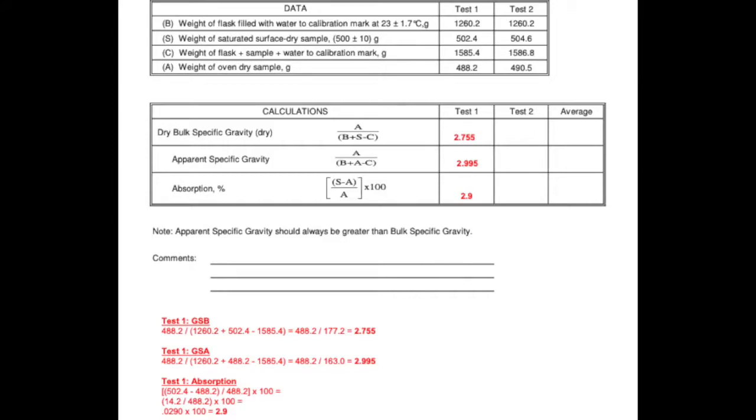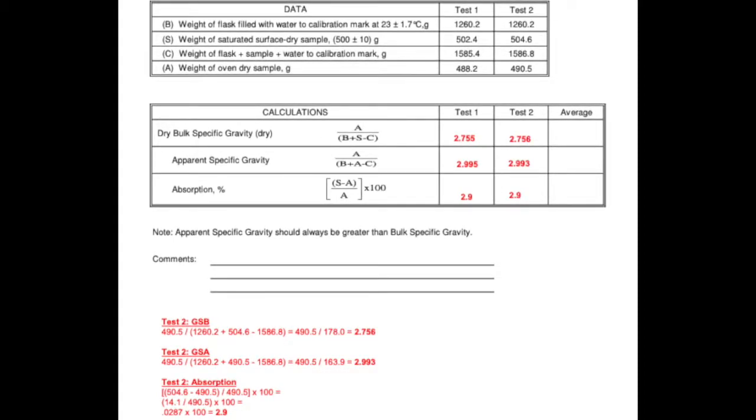For our apparent specific gravity, it's going to be A divided by B plus A minus C, which will yield us a 2.995. Our absorption, S minus A divided by A times 100, which will yield us a 2.9.